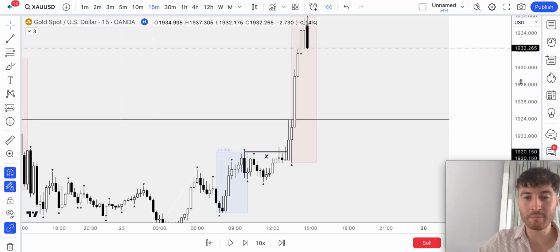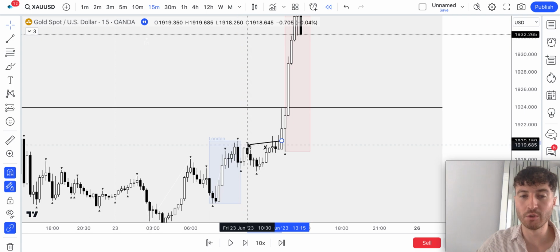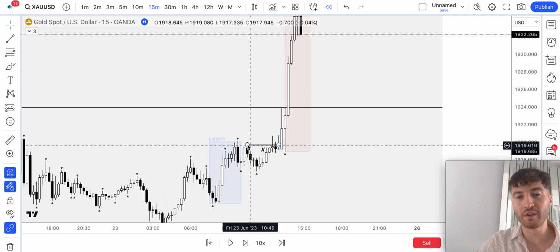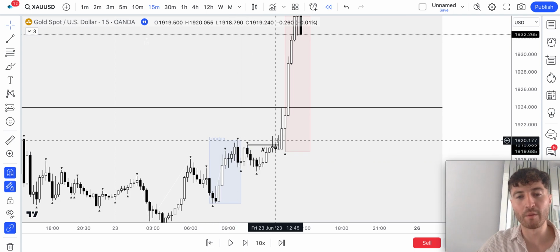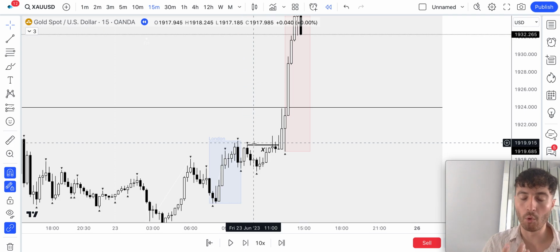The main thing is that you use the most recent fractal high. In theory, you would use this fractal high here. It's sort of a double top, so whether you use this fractal here or that fractal there, they're pretty much the same valuation in price. But the most important concept is that you're using the most recent fractal high on the 15-minute time frame.